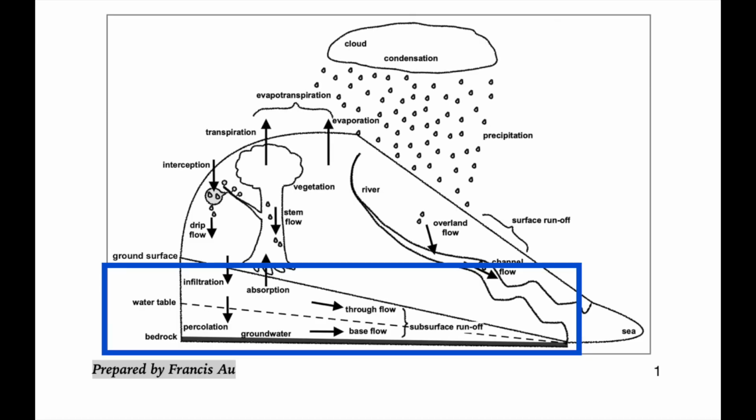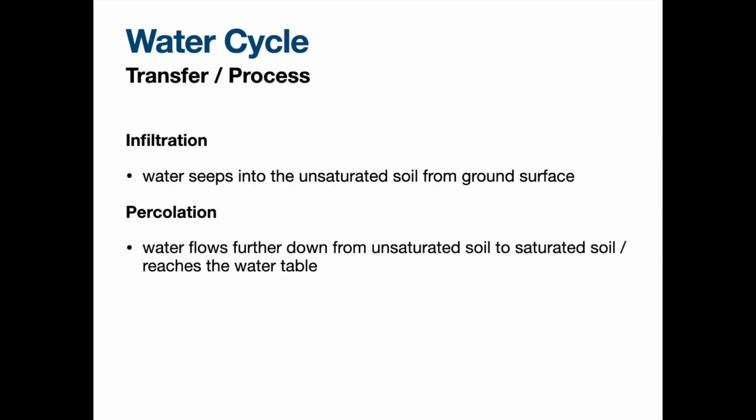Anyway, after stem flow or drip flow, sometimes the rainwater will infiltrate. We call that infiltration. So why does that happen? Because as the rainwater flows down the tree trunk, some of the water will just follow the pattern of the tree, let's say from the trunk all the way through the tree roots into the soil, because the tree roots are connecting the tree from the earth surface to the soil.